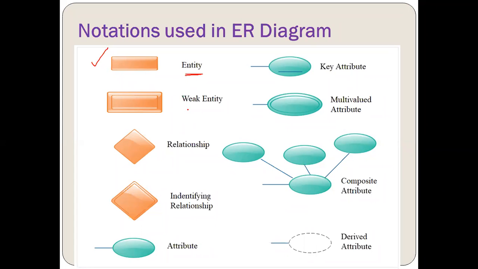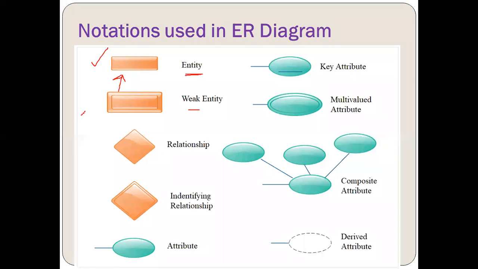Weak entity, we will understand further. The entity which needs help of another entity to state itself is called the weak entity. That means this particular entity does not have its key attribute. We'll understand what is key attribute. If this particular entity is not having key attribute and it depends on another entity for its attribute, then it is called the weak entity.